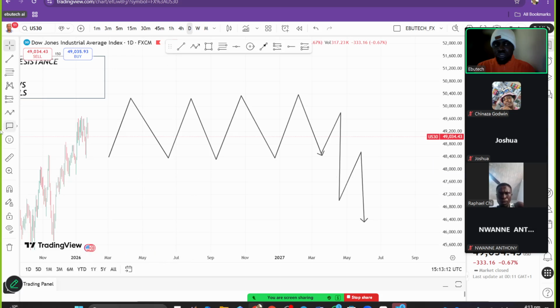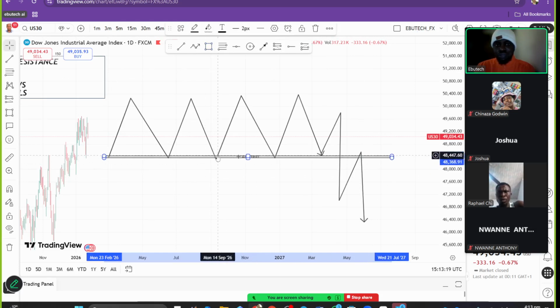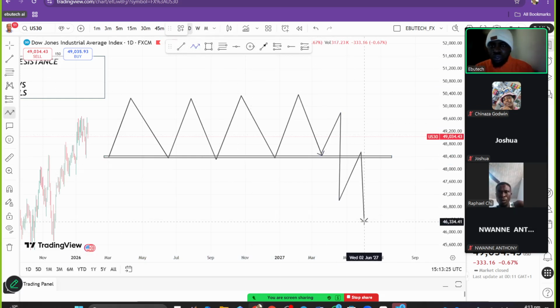Is it understood? It has pulled out from this consolidation. It will give you a sign that it wants to sell. It will pull out from here, then come back again to tell you it wants to sell.